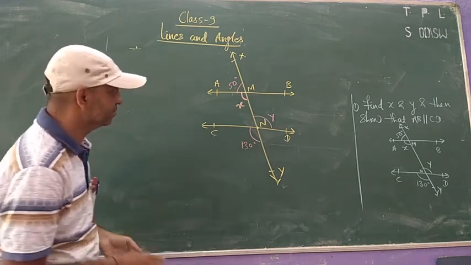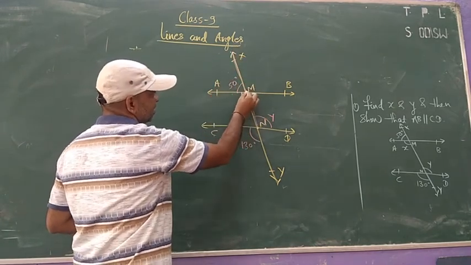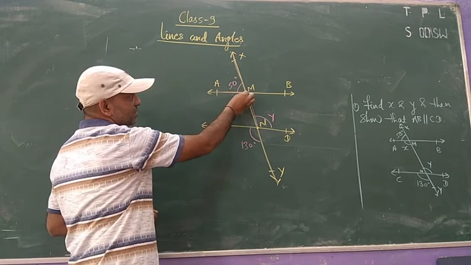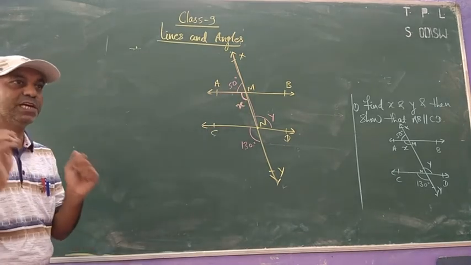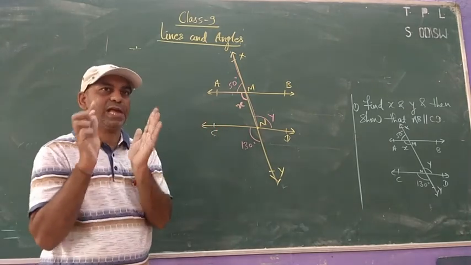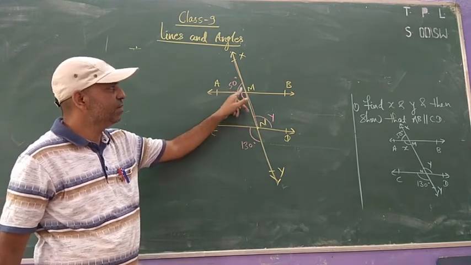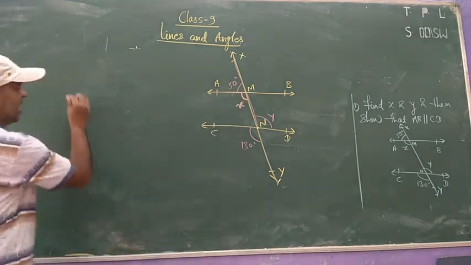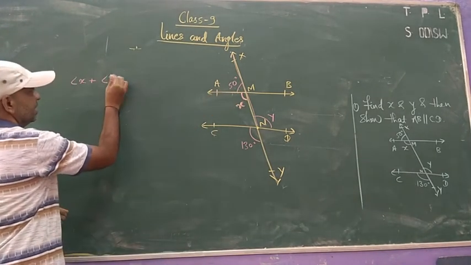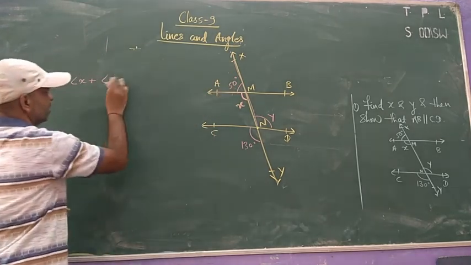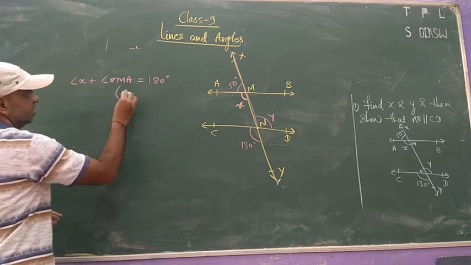Okay, see here. First, this is a straight line and this is a ray. Okay, so these two angles are adjacent to each other. So we know the linear pair axiom. When two angles are adjacent to each other and stand on a straight line, their sum is 180. So it means angle X plus angle 50 degree, angle XMA, is equal to 180 degree. What is the reason?